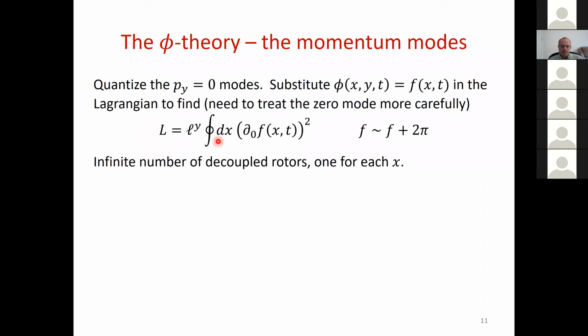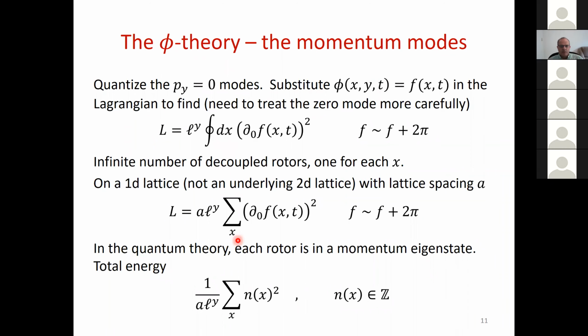If we try to think of it as a finite number of modes, imagine we discretize the integral over x, we get a sum over all positions, but now we have another factor of the lattice spacing out front. So when we tentatively regularize it on a one-dimensional lattice, we have an infinite number of rotors, one per x, but the coefficient in front of the rotor goes to 0 in the continuum limit.